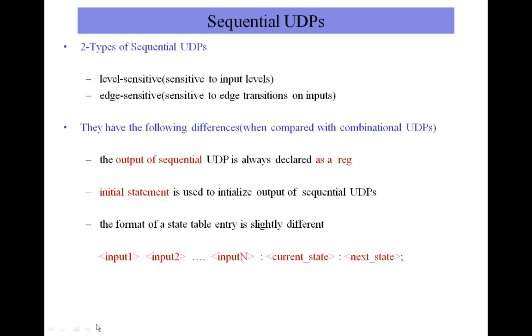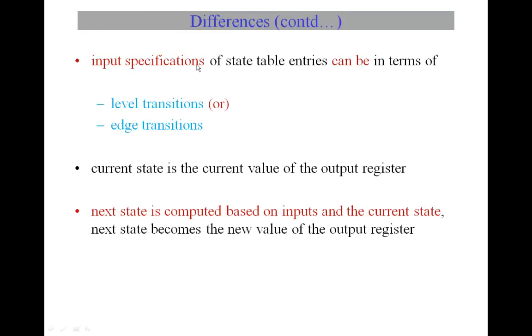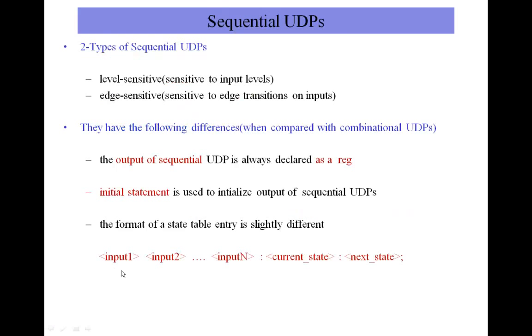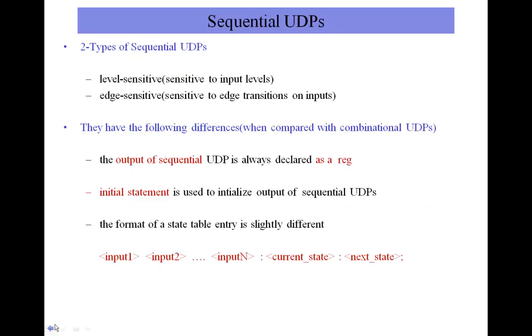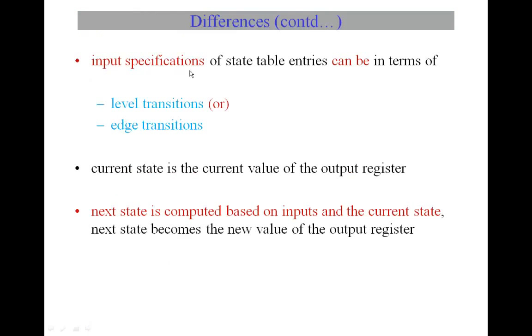If the input specifications are all level transitions, then it is a level sensitive sequential UDP. If the input specifications have some edge transitions, then it is called an edge sensitive sequential UDP. So input specifications of the state table could be level transitions or edge transitions.